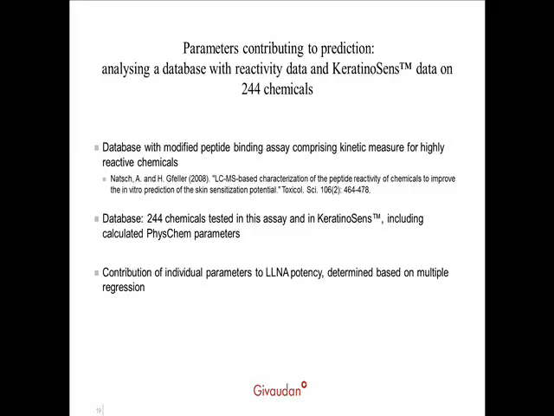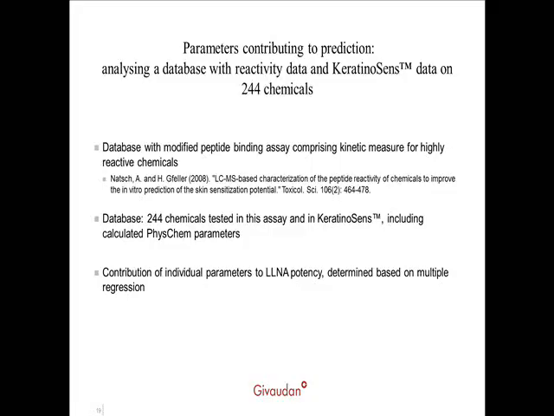And this database on 244 chemicals, we of course have the carotenosense data, but also data from a modified DPRA, which we have published a couple of years ago, where we also integrate LC-MS measurements and the kinetic measure. And we also calculated PhysChem parameters for all chemicals.